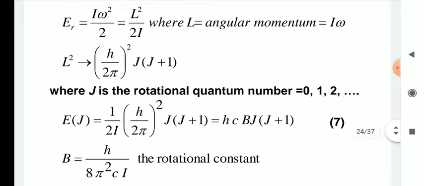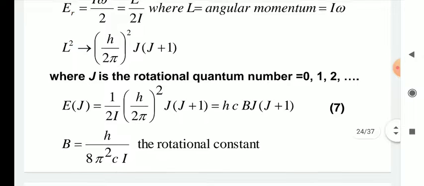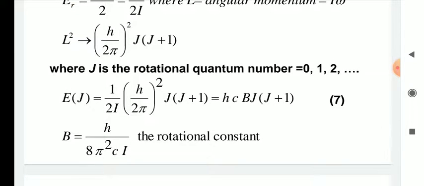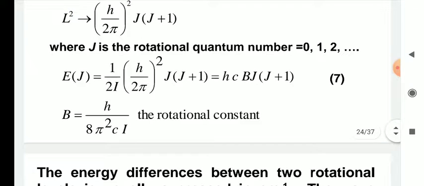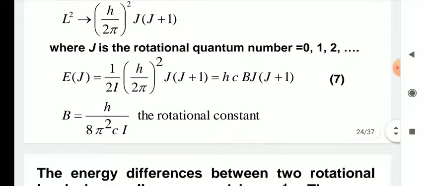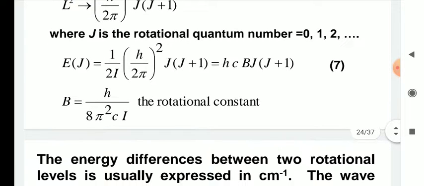So L square leads to (h upon 2 pi) whole squared into J into (J plus 1), where J is called the rotational quantum number and takes the values 0, 1, 2, 3 and so on.